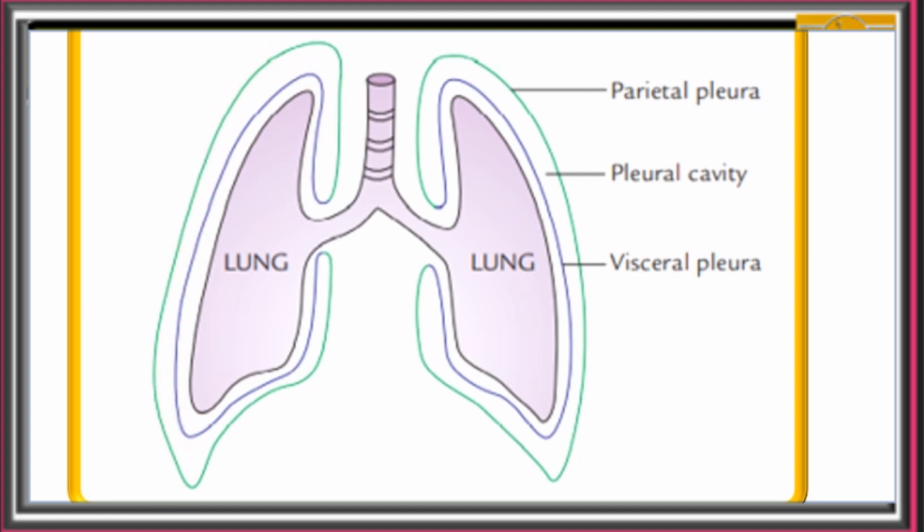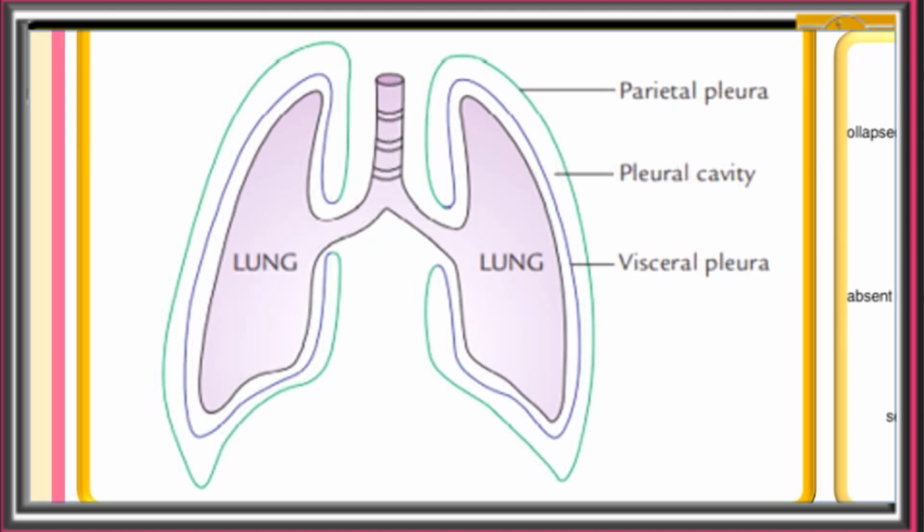So the cavity is normally filled with a thin film of serous fluid. What this fluid does is to lubricate the two surfaces and will allow them to move on each other without friction during respiration. The pleural space normally contains about 5 to 10 mL of clear fluid, of pleural fluid.